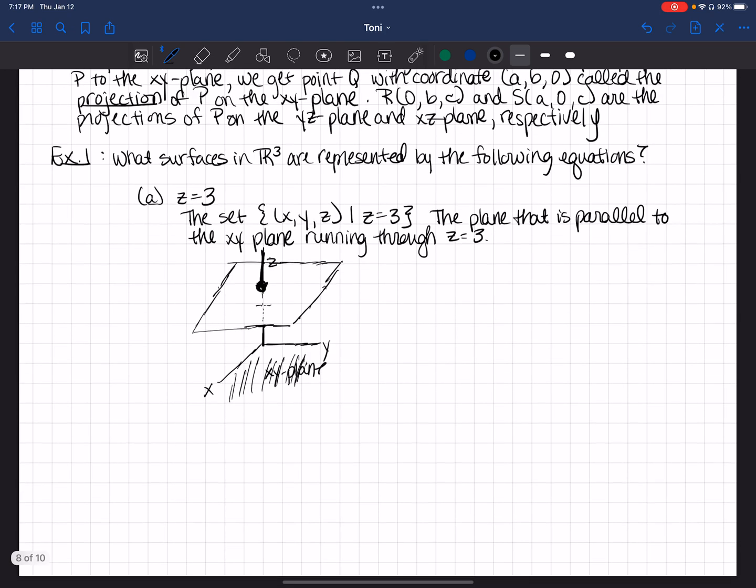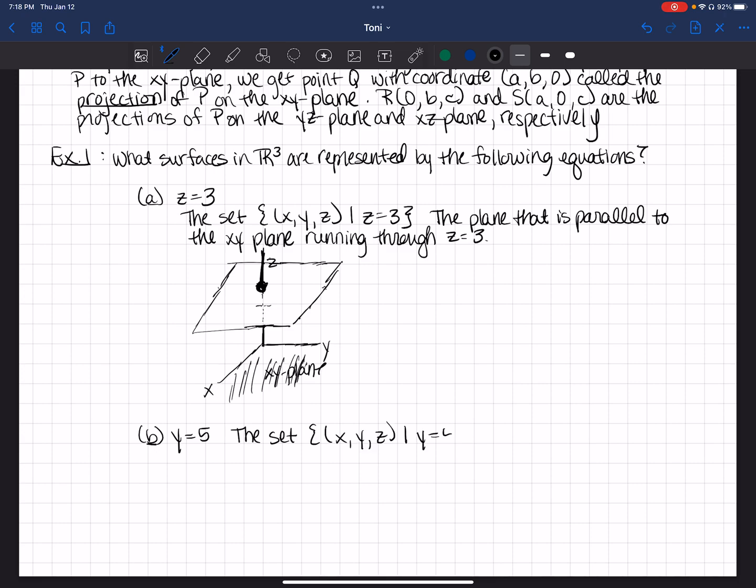Okay, so let's talk about what B says. B asks, what's represented by y equals 5? We're going to get the same kind of thing. We have the set of X, Y, Z such that y equals 5. Okay, so this time, here's my z. Like I said, I'm just going to apologize. I'm not the greatest at this.